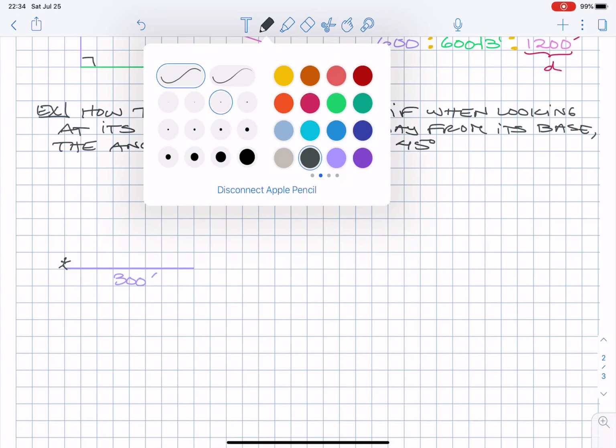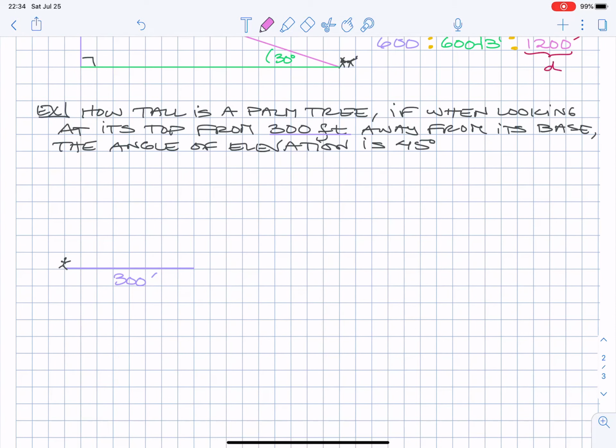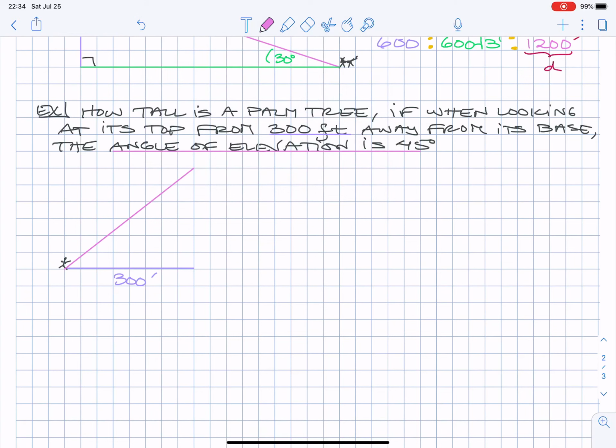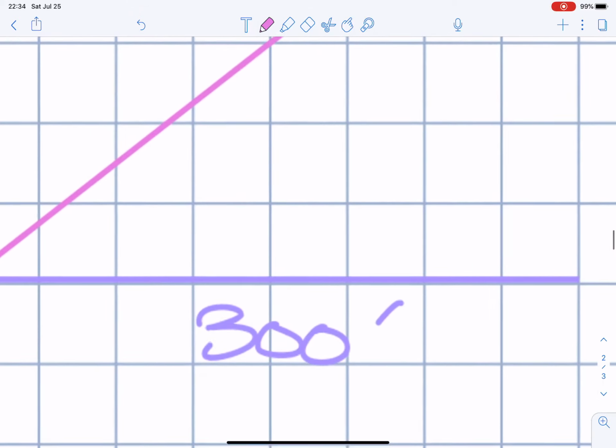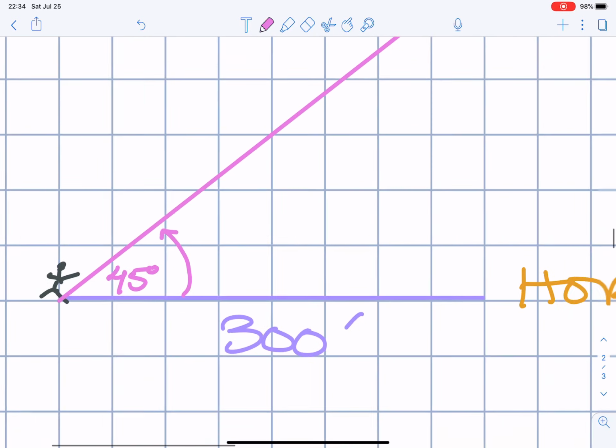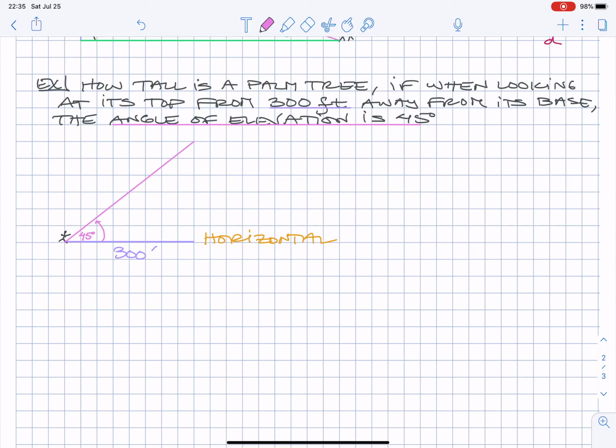Okay, my angle of elevation is 45 degrees. So it's 45 degrees to the top here. So this angle here from the horizon, right? Let's write this. This is the horizon or horizontal. So 45 degrees above the horizon because it's an angle of elevation. And then we have our palm tree.